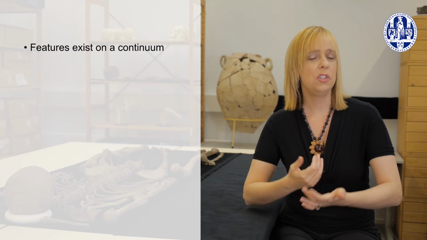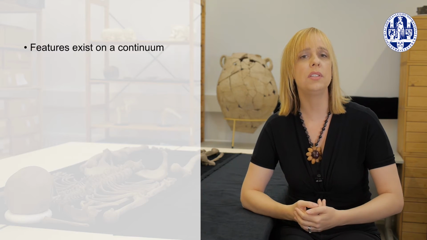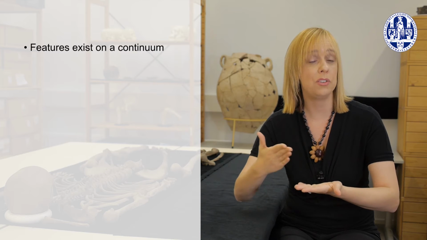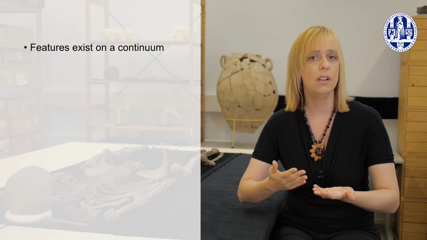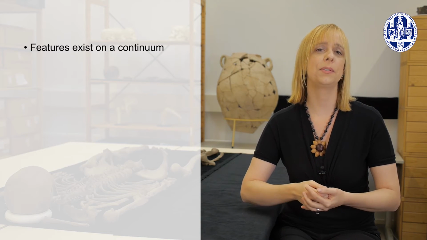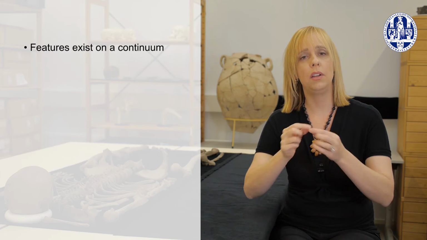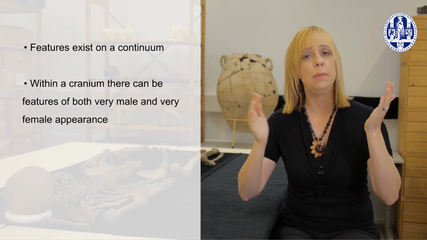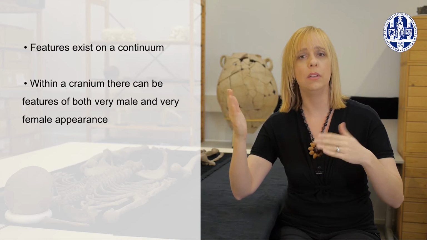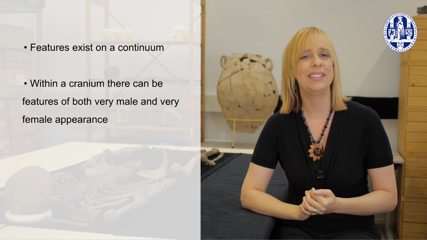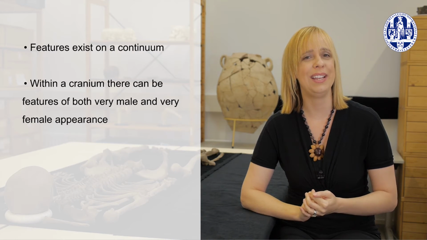Now, in conducting this short exercise, did you notice that even within your own skull, some features appeared to strongly match your sex and others did not? Many of you will have found this. All of the features we've shown you exist on a continuum, from very typically male or female, to in between, and no single feature ever corresponds to sex in 100% of all cases.